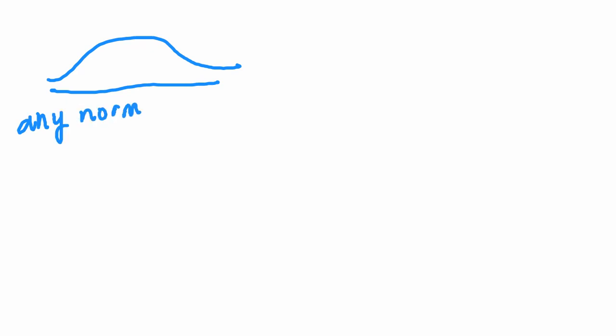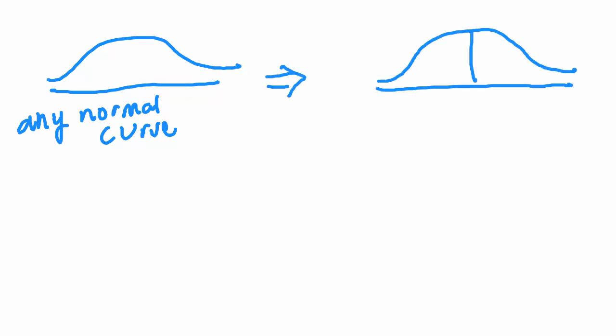It's really important to know why we use them, because we can take any normal curve with any mean, any standard deviation, and translate it to this curve with mean 0 and standard deviation 1.